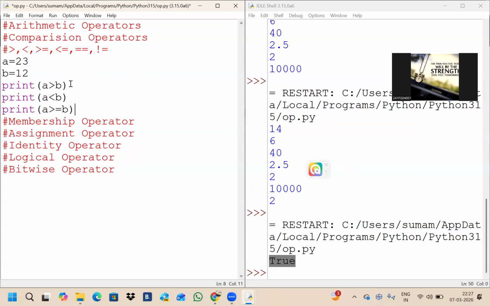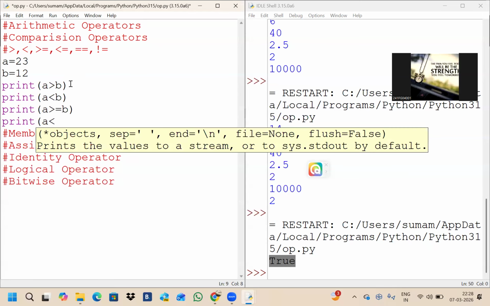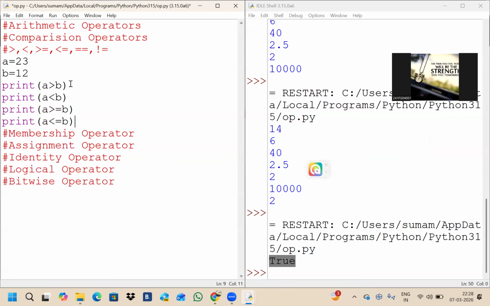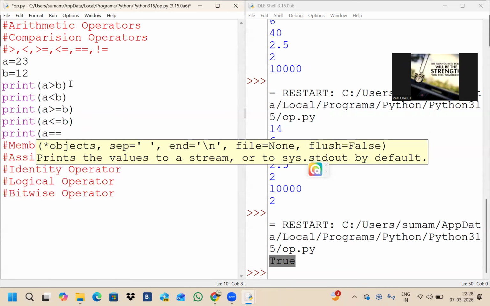That's why, either greater or equal, greater is true, so this is true. Next, print of A less than or equal B. That means 23 is less than or equal 12. So 23 is less than 12 is false and 23 is equal to 12 is also false. That's why totally false.